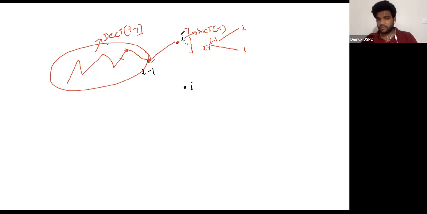So that's why for this case, I said INCT[i] is this plus 1 and DECT[i] is just 1, which is this element itself. And the same analogous case for this. When I is less than I minus 1, I can only extend this kind of a chain, which increased at I minus 1.